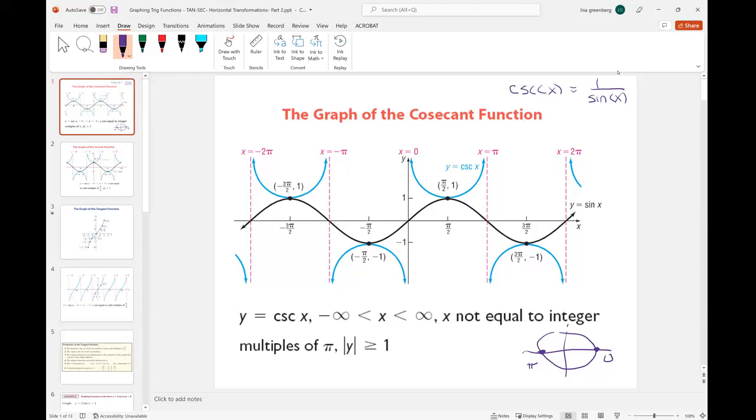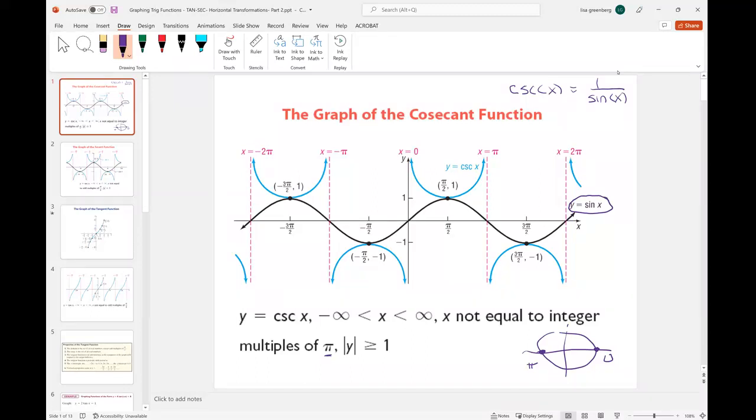So our domain is all real numbers from negative infinity to positive infinity, except x is not equal to some multiple of pi, for the exact reason we just said. This black line that's in there is the graph of the sine. That doesn't need to be graphed.